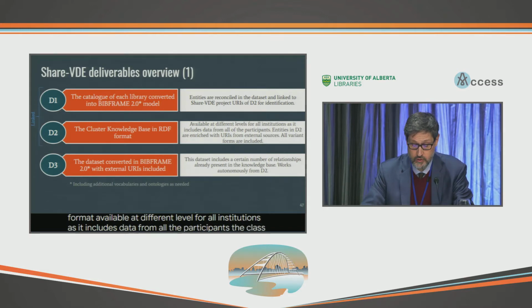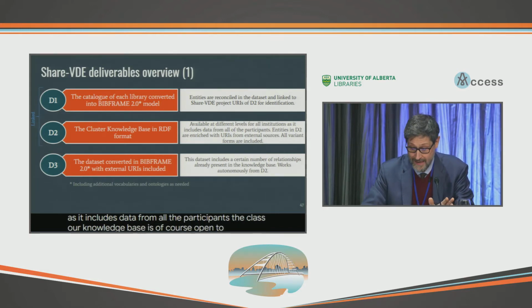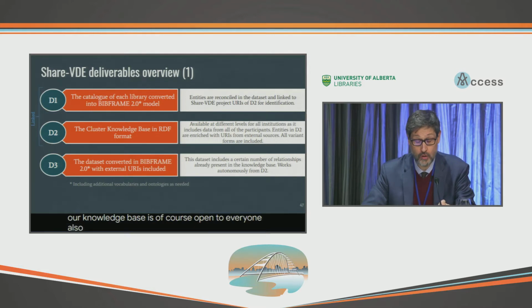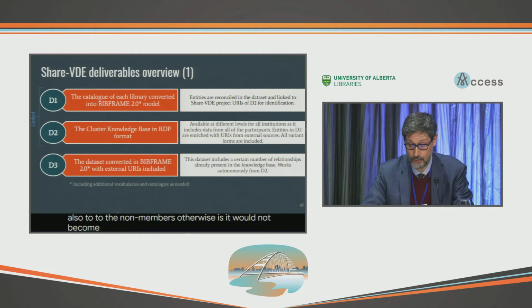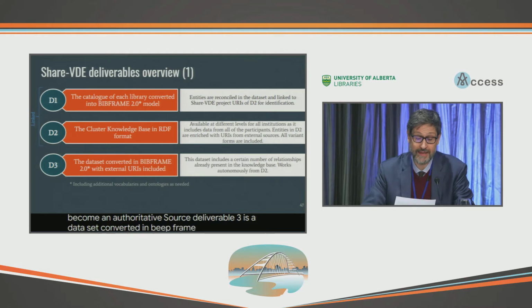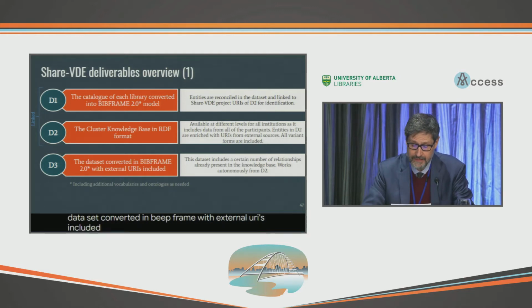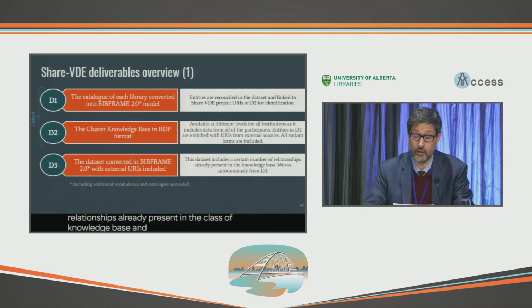The cluster knowledge base is, of course, open to everyone, also to the non-members. Otherwise, it could not become an authoritative source. Deliverable 3 is a dataset converted in BIBFRAME with external URIs included. This dataset includes a certain number of relationships already present in the cluster knowledge base and works autonomously.